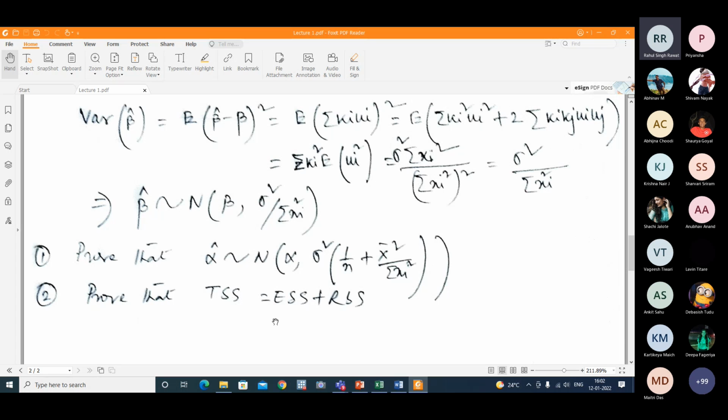So, total variations in Y, that is the consumption expenditure, can be decomposed into one part that is explained and another part which is not explained. The explained part is known as explained sum of square and which is not explained is known as residual sum of square.